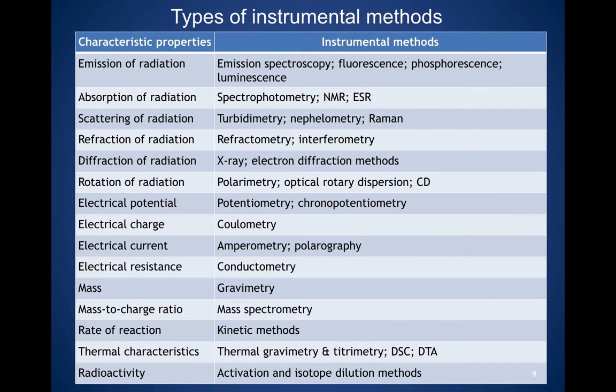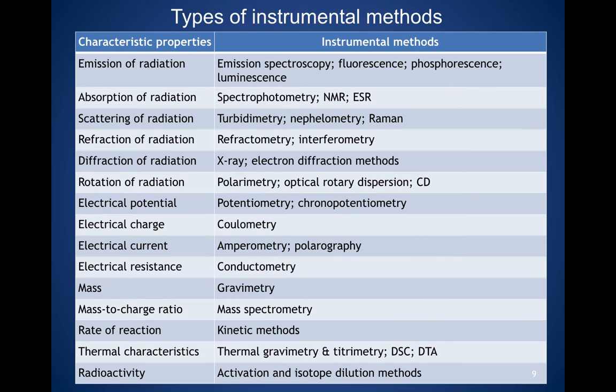These are the different types of instrumental methods. In the first column, we have the characteristic properties, and in the second column, the instrumental methods. For example, if we emit a radiation, the instrumental methods are the different techniques that are able to detect these characteristic properties. We have a variety of these, but don't worry about it now because I will explain each of them later on.